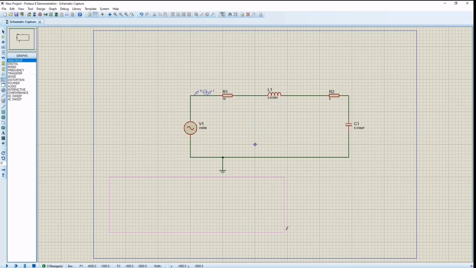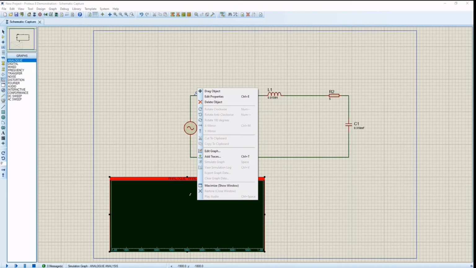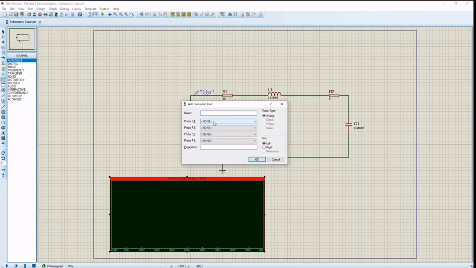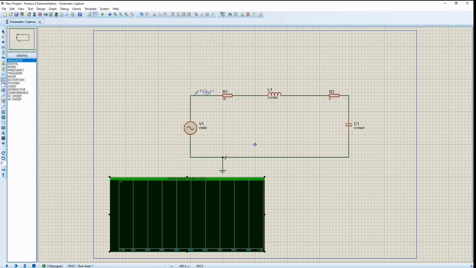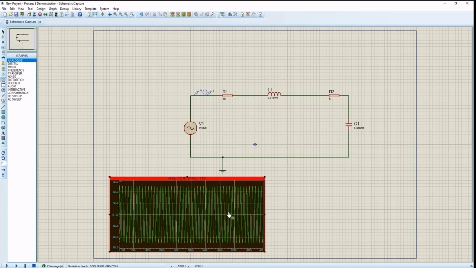Okay, and for this graph, we right click it and we add trace, and for our first trace, we want to use the probe for voltage, and we click OK, and we simulate the graph, and we can see the graph has changed.